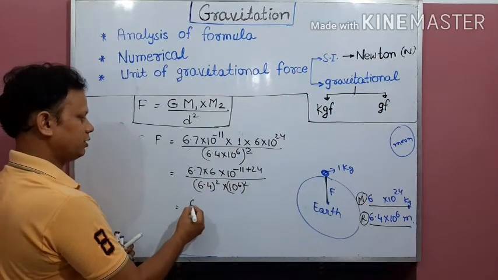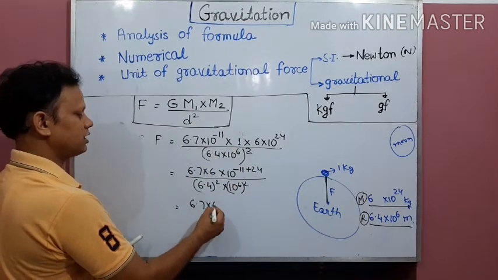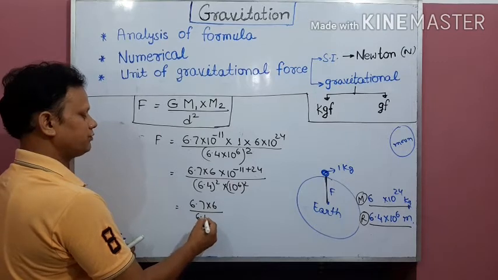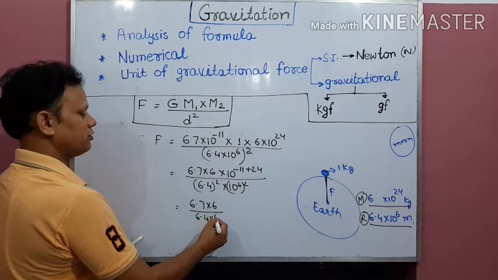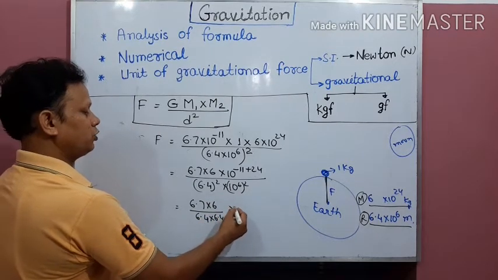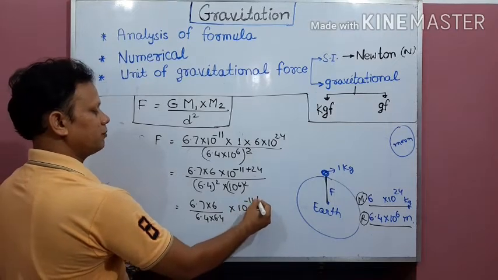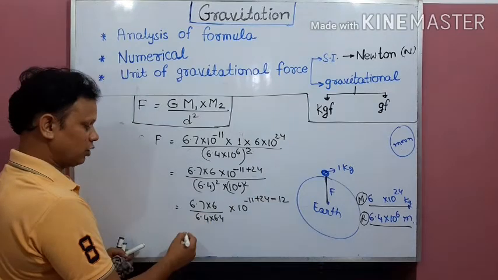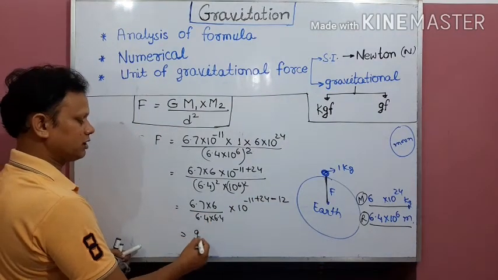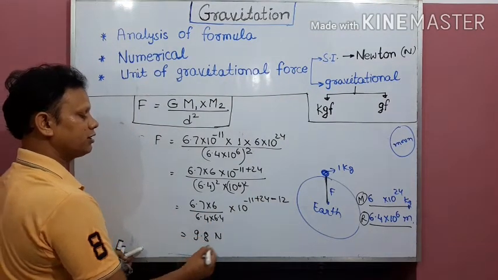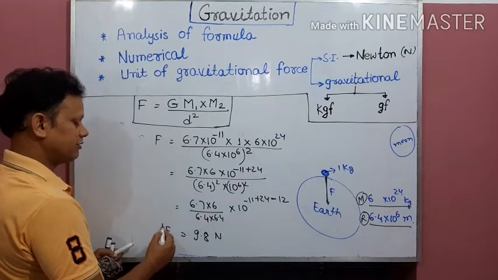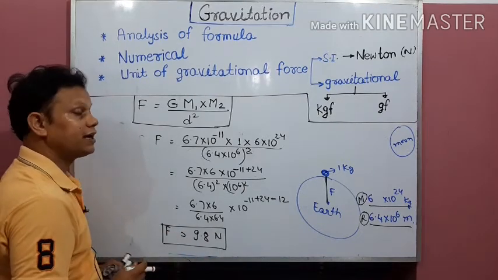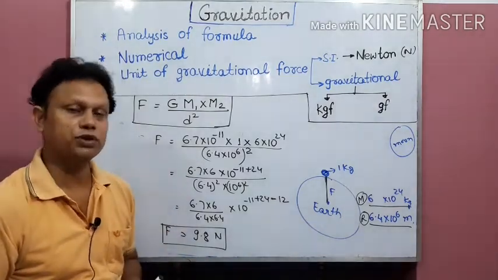So finally we are going to get 6.7 into 6 upon 6.4 into 6.4, into 10 to the power minus 11 plus 20. Now when we calculate all this, we get approximately 9.8 Newton. So here the gravitational force value is 9.8 Newton.